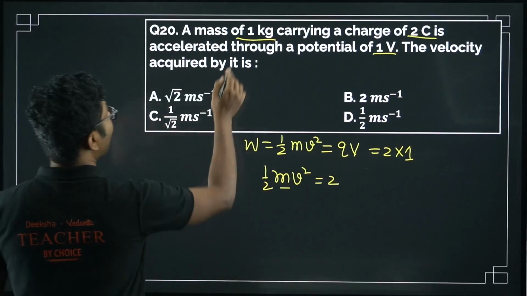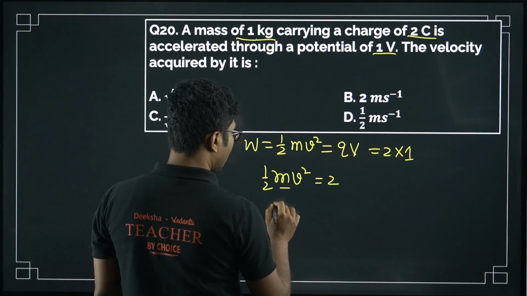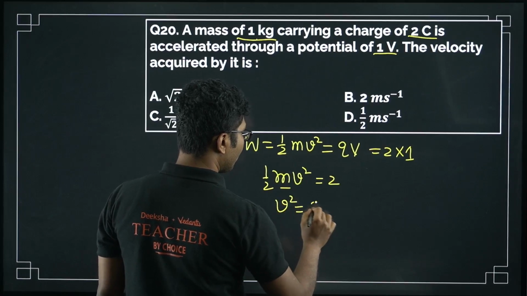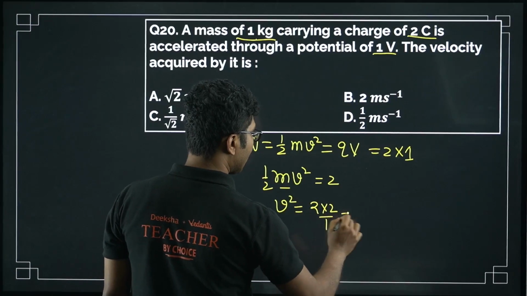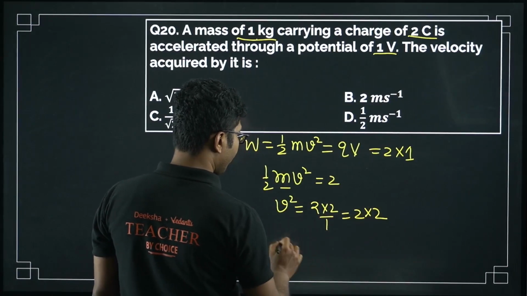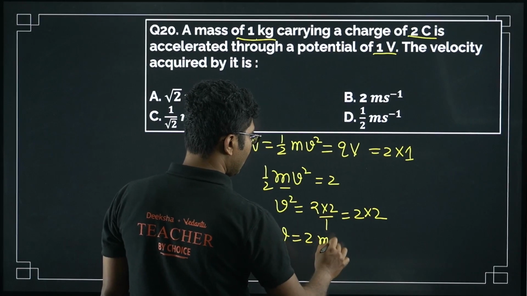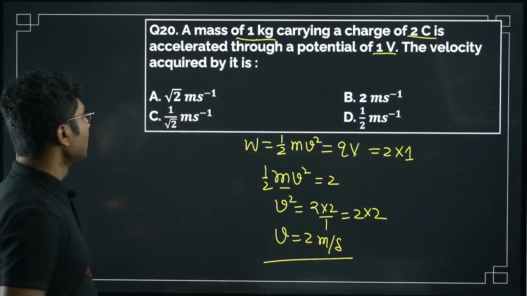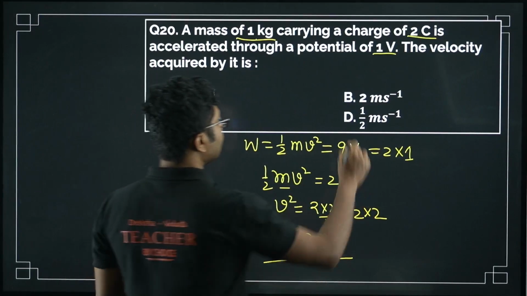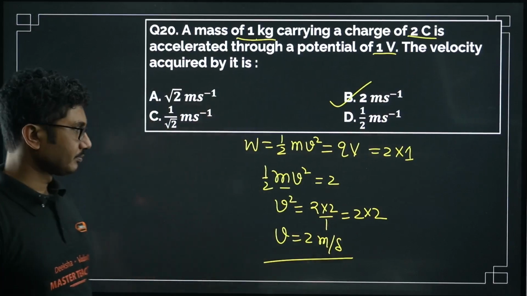Now m is 1 kg, so v square equals 2 into 2 divided by 1, that is 4, or v equals 2 meter per second. So the speed of the charge is 2 meter per second.